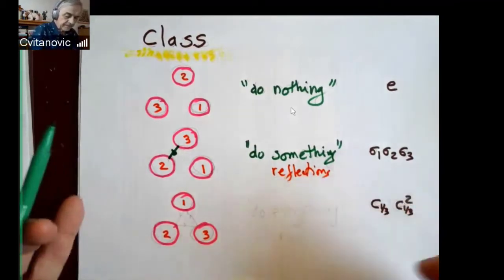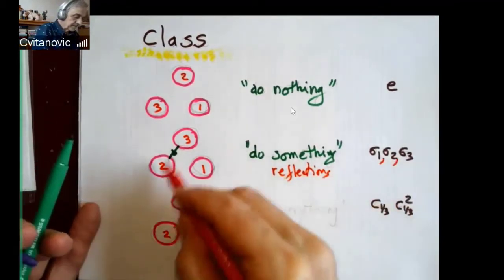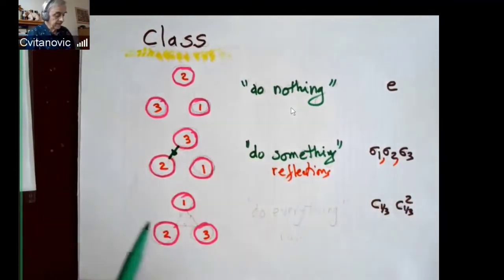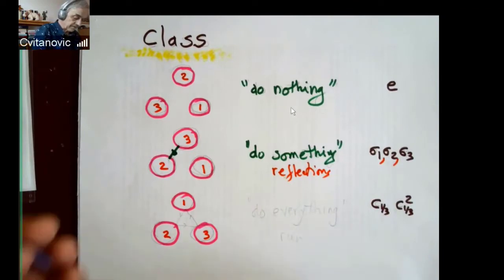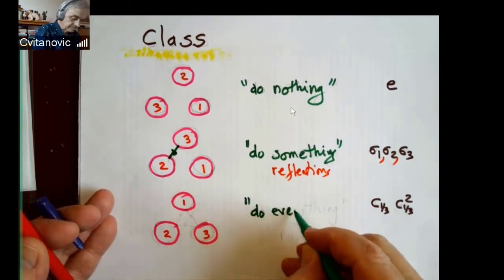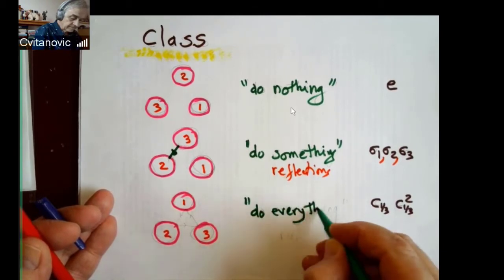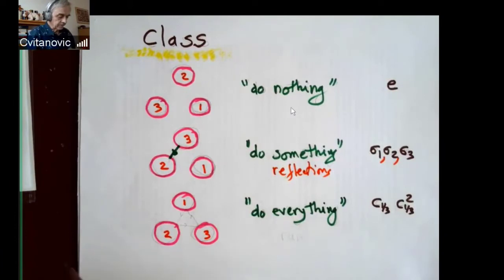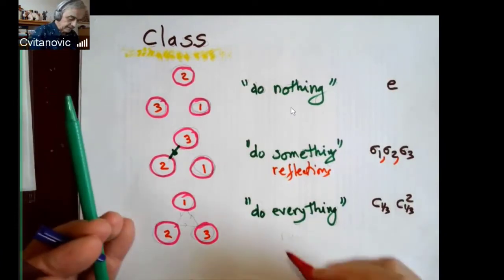There are 3 of them, because I can exchange these two guys, or those 2 guys. Or I can be really a doer and I can do everything.